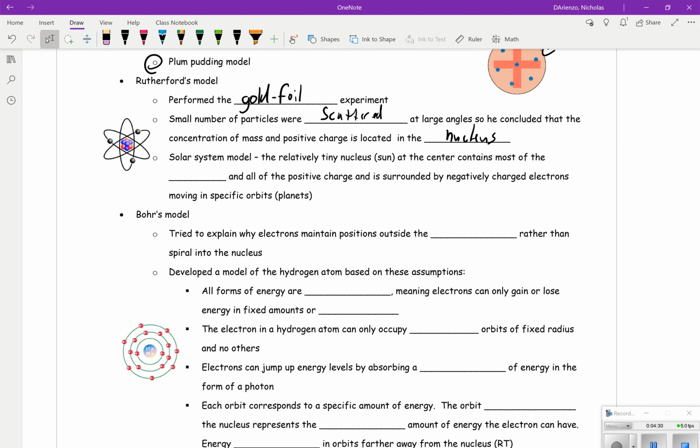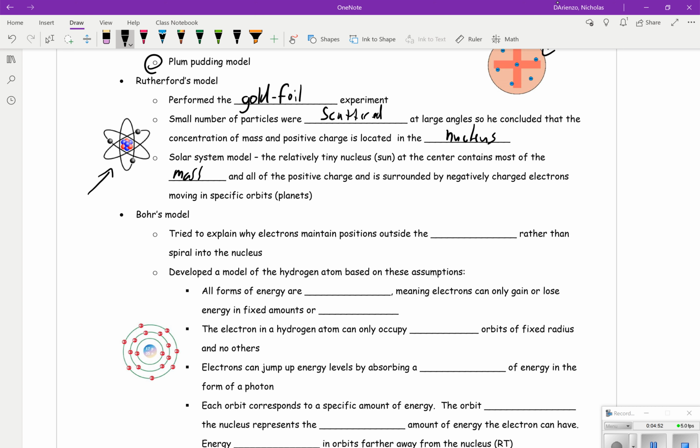We refer to this oftentimes as the solar system model, which helps show that we have a dense concentration of mass at the center of the solar system, like a sun or the nucleus, which contains, as I said, most of the mass.